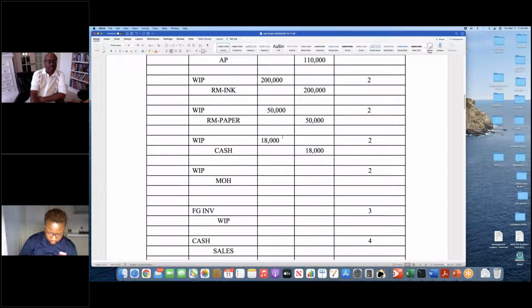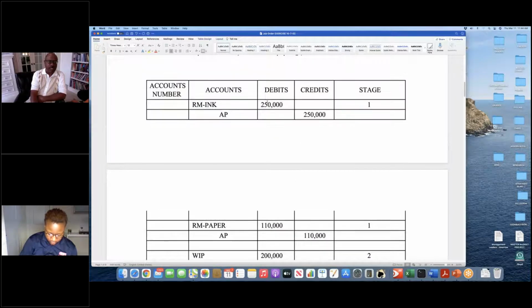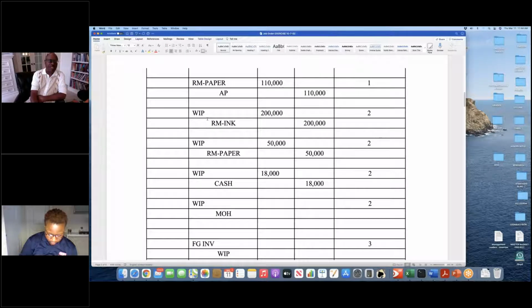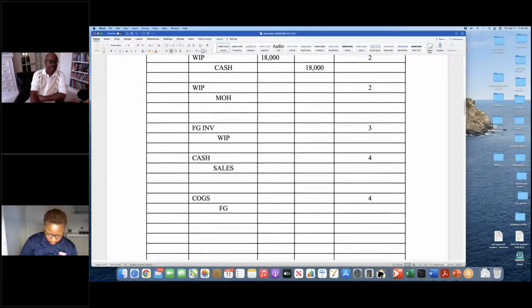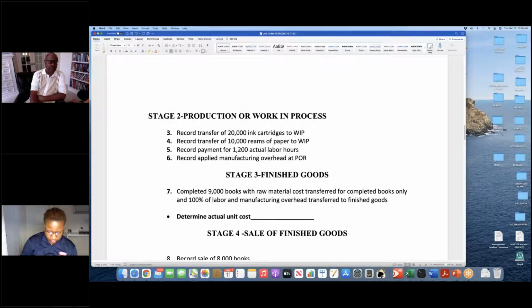Notice in stage 1, we were debiting the raw materials. In stage 2, with those 4 entries, every time we debit work in process. So that's all set out for you. You just have to make some calculations, but those journal entries are the same.